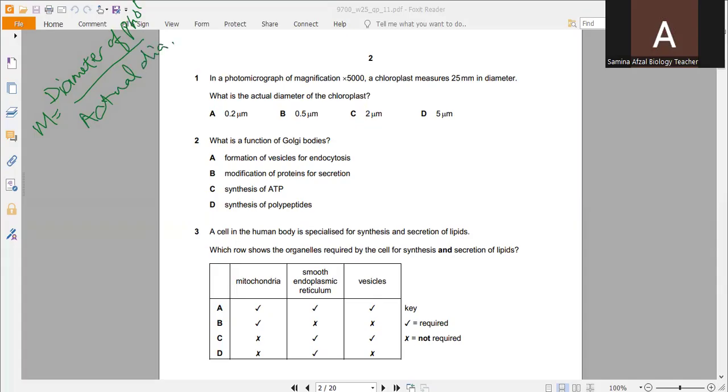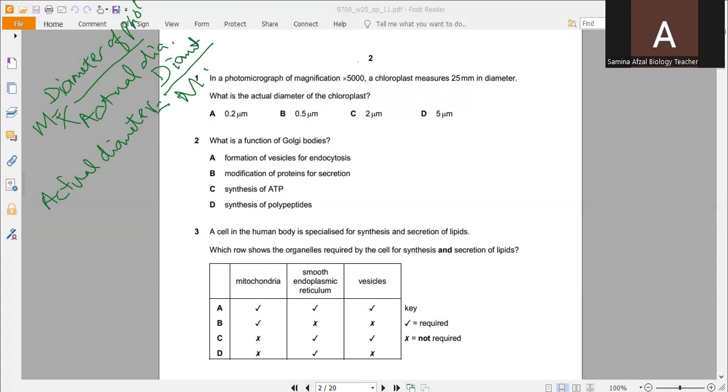And actual diameter will be equal to diameter of photomicrograph divided by magnification.